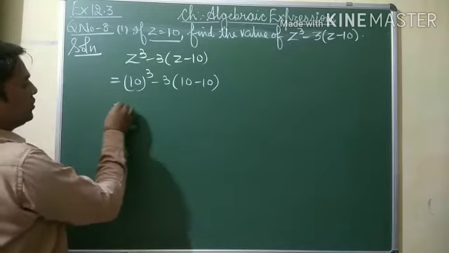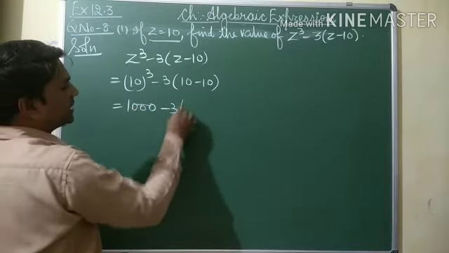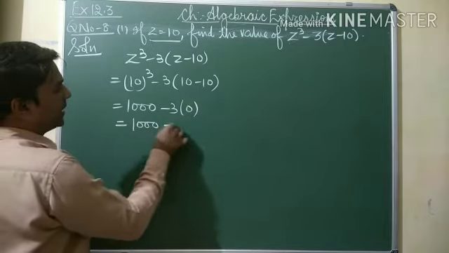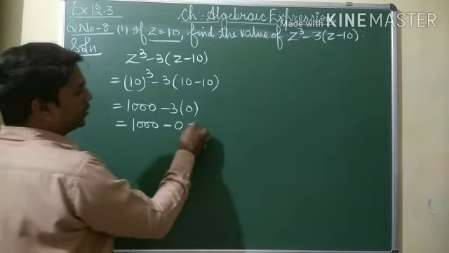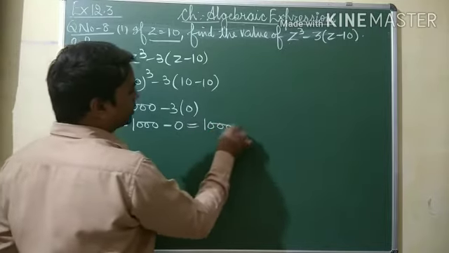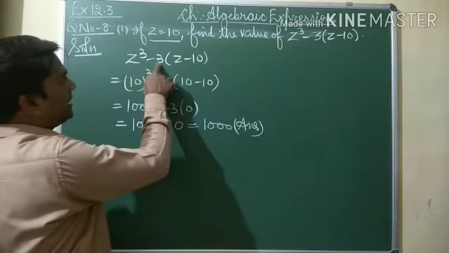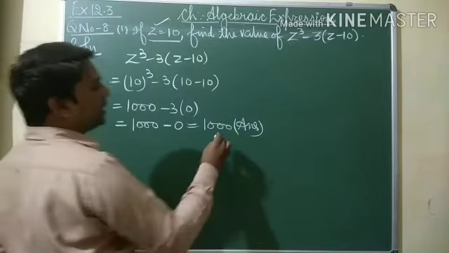Now 10 cube is equal to 1000 minus 3 into 10 minus 10, which is 0, which is further equal to 1000 minus 3 into 0, 0. So it becomes 1000 minus 0, which is further equal to 1000. Therefore, the value of z cube minus 3 into z minus 10 at z is equal to 10 is 1000.